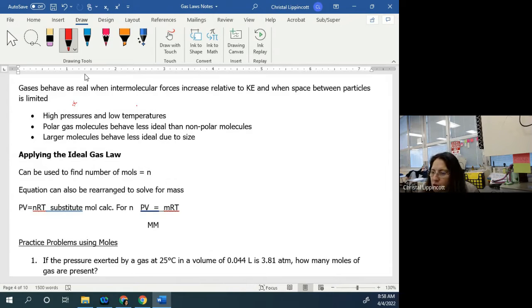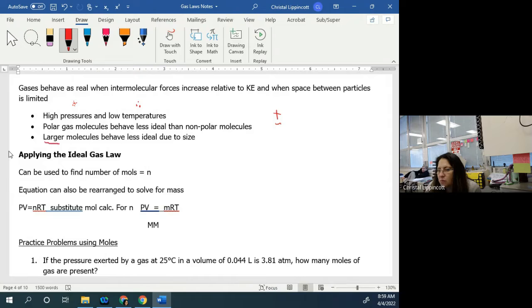Low temperature means that the particles are going really slow, and so they have a better chance of hooking up. Polar versus nonpolar. Polar gases act less ideal because they have a positive and a negative end. They are more likely to hook up. And then larger molecules act less ideal due to their size.